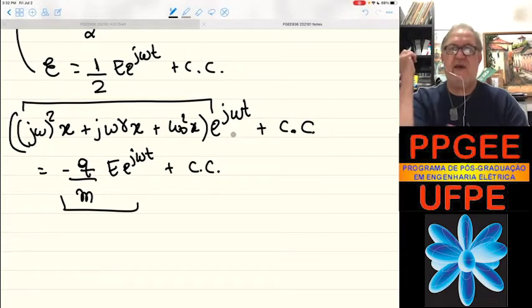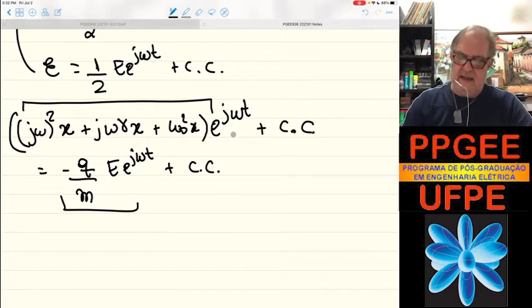We have this algebraic equation. You see this is minus omega square, everything times x, so we have omega 0 square, which is this term, minus omega square.